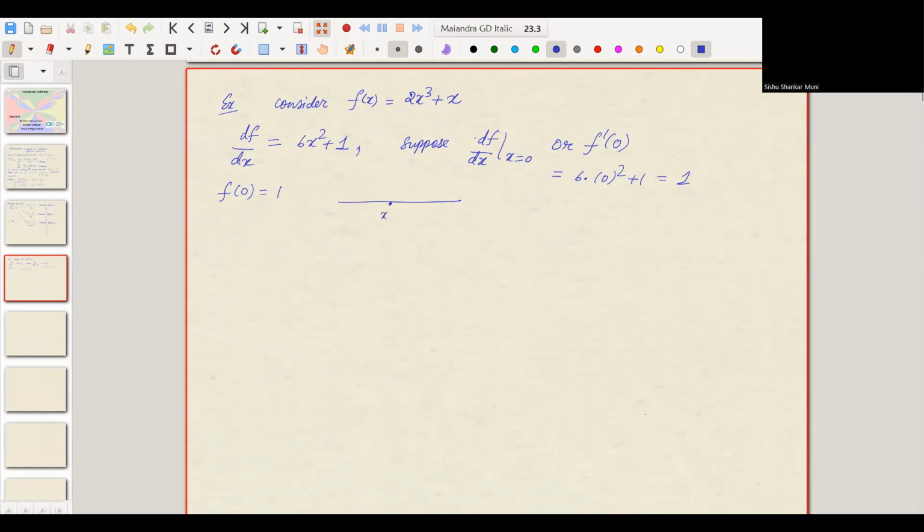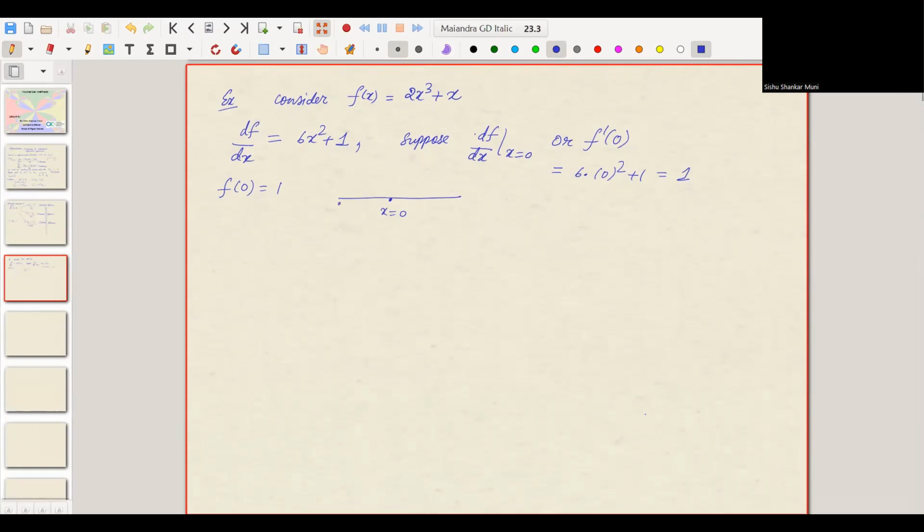Like this is x equals 0, this is x equals minus 0.1, and this is x equals 0.1.